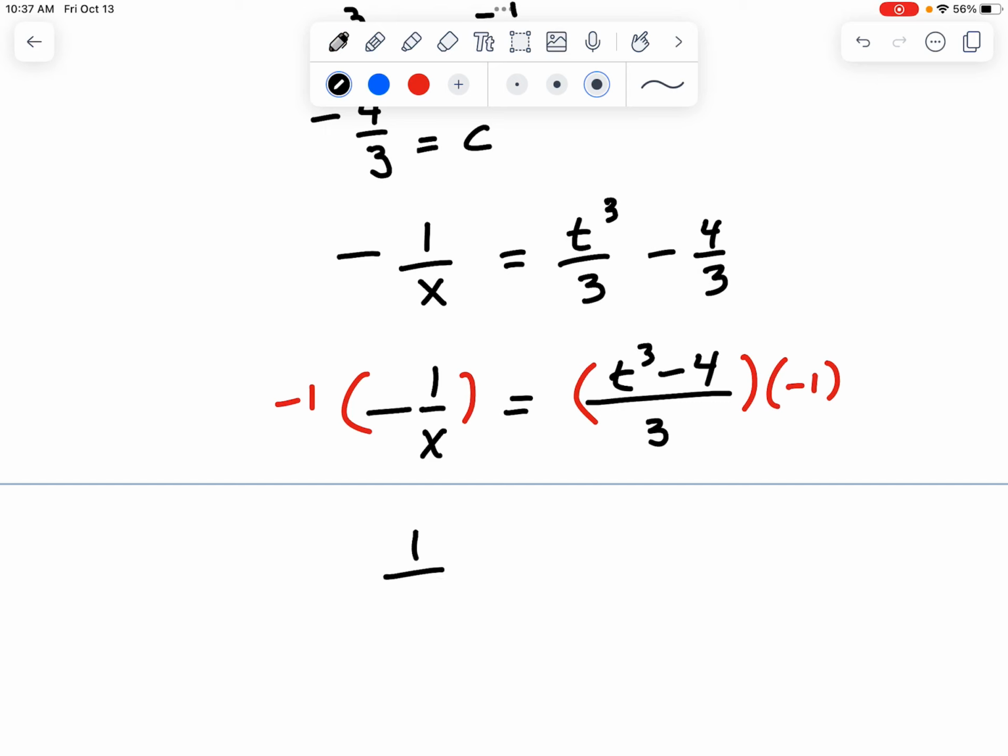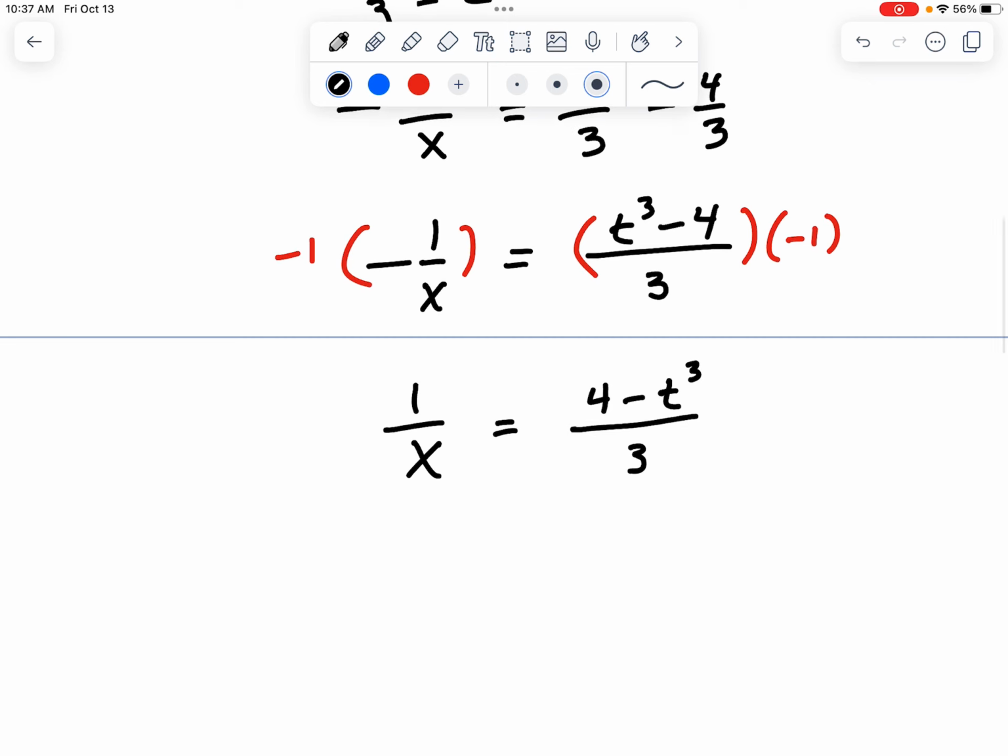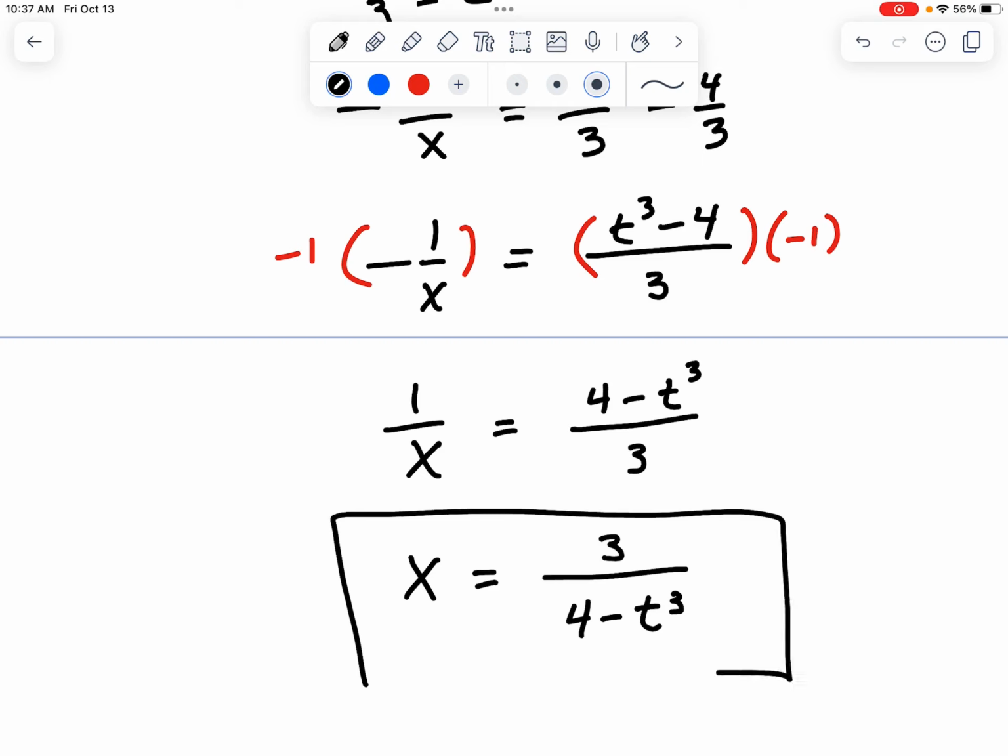And then we would have 1 over x equals, and when you multiply by a negative, you could say that the 4 becomes positive and the t cubed becomes negative. And then finally invert, so the left side becomes x. The right side becomes 3 over 4 minus t cubed. And then it's ready to be put in a box.